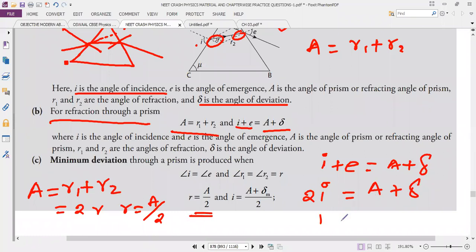Then I equals A plus delta divided by 2. So in this condition, the angle of incidence and angle of emergence are both equal, and the R1 and R2 values are also equal, so you get R equals A by 2 and I equals A plus delta M divided by 2. Delta M means the minimum deviation. Just know the formulas. The derivation part we'll discuss after.